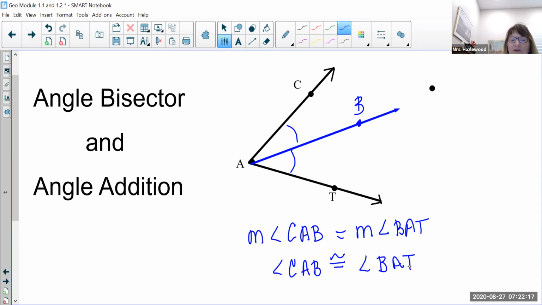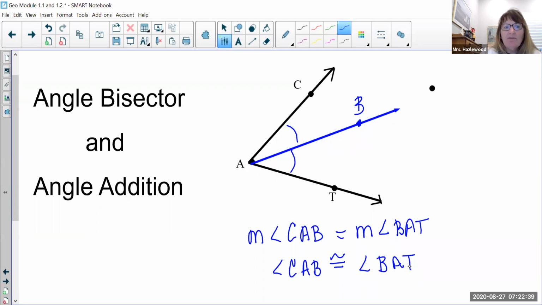So that one is a congruency statement. You see, I'm not talking about the measure of it anymore. I'm just talking about the fact that they're the same. All right, so that is angle bisector. It cuts the angle equally.